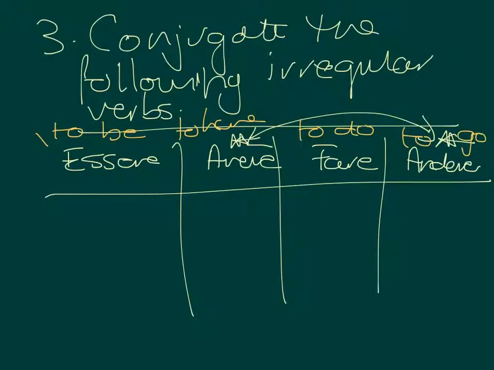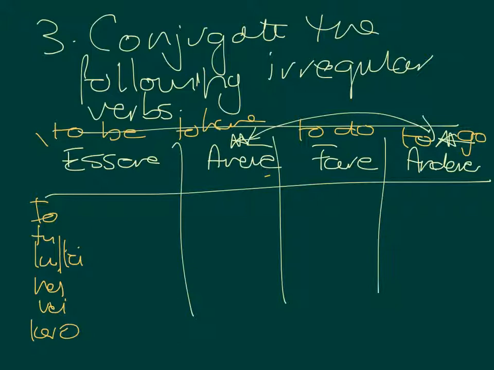All right, so you'll have the pronouns there. I know I'm being very quick and messy, but you have to know these ones by heart. So what's essere? Sono, sei. What's avere? Ho, abbiamo.